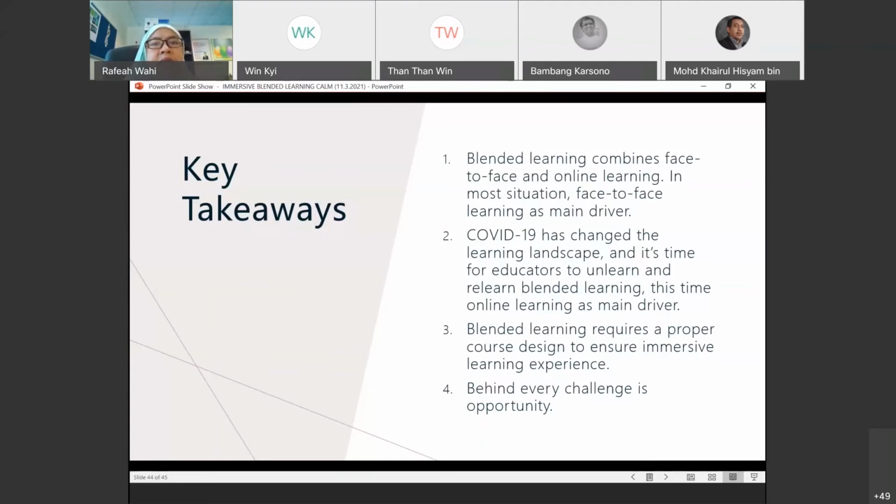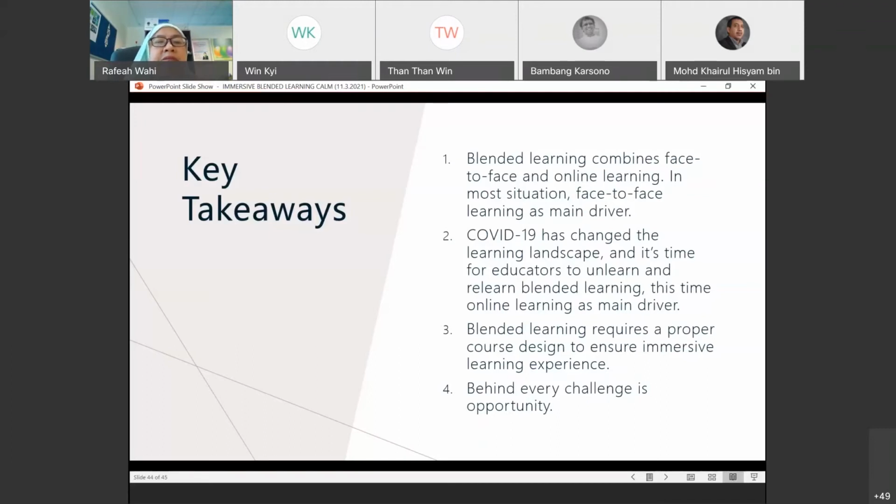Maybe this time, online learning is the main driver, because, at least for this semester, we still have to conduct our courses fully online for most of the courses in UNIMAS. All right. So maybe this time we don't see face-to-face interaction as a physical classroom interaction anymore, but we see it in an online setting, a synchronous online setting.